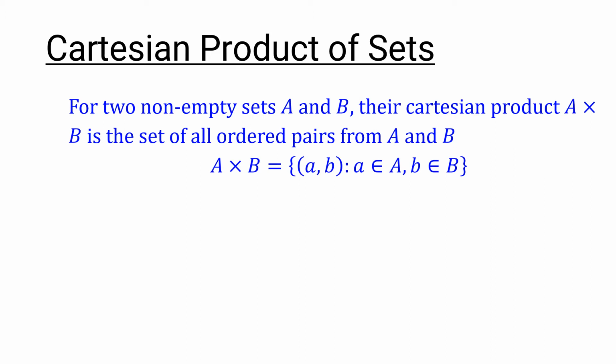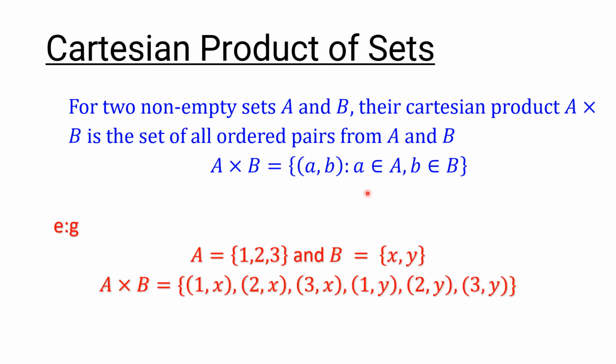For two non-empty sets A and B, their Cartesian product A cross B is the set of all ordered pairs from A and B. Therefore, A cross B is the set of ordered pairs (a, b) such that a is in set A and b is in set B. For example, if we have a set A having elements 1, 2, 3 and set B having elements x and y, the Cartesian product A cross B has the pairs (1, x), (2, x), (3, x), (1, y), (2, y), (3, y).